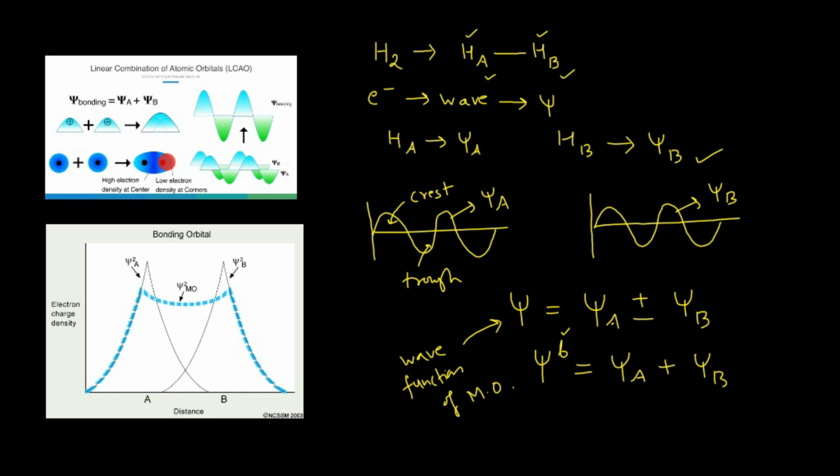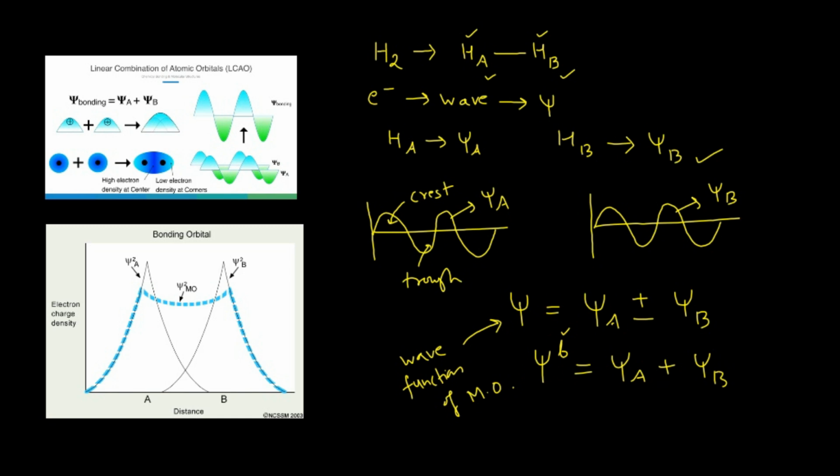That's why it is known as the bonding molecular orbital. There is high electron density at the center and low electron density at the corners, which I have shown you here. It is important to get the electron density in order to understand the importance of the energies of the molecular orbitals.